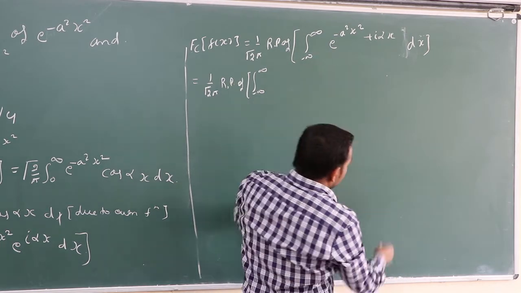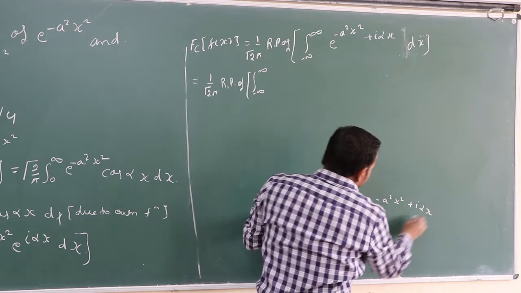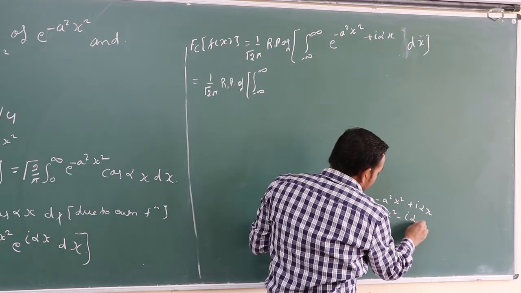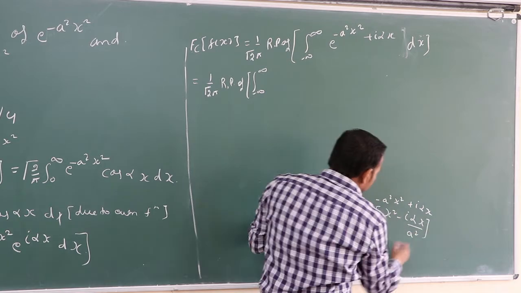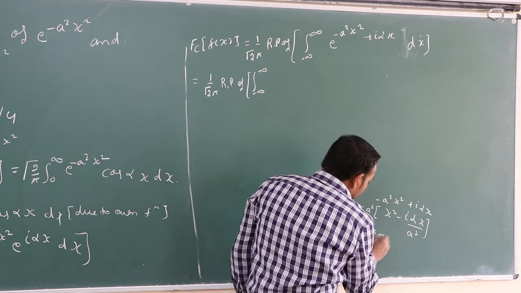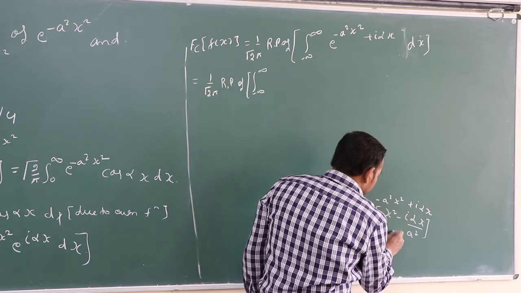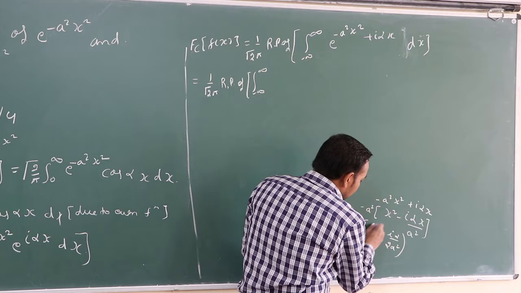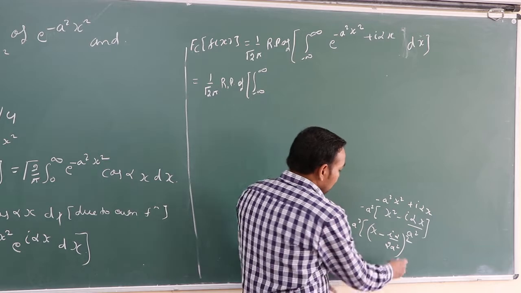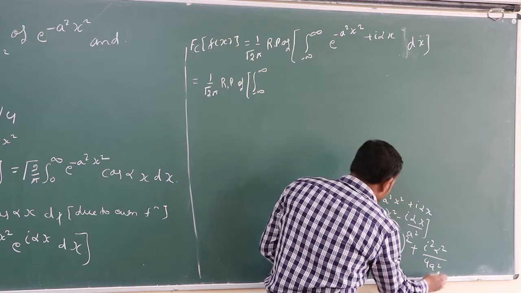Simply we can write here a square x square plus i alpha x, taking minus a square as common, x square minus i alpha x upon a square, and this can also be written as x minus i alpha upon 2a square whole square, plus i square alpha square upon 4a square.